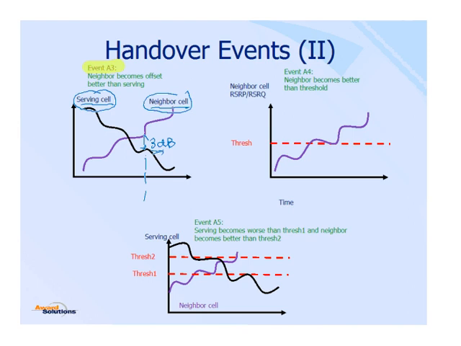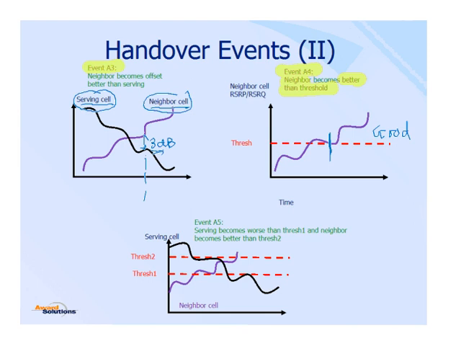So that would be event A3. Event A4 says that a neighbor becomes better than some threshold. So at this point, our neighbor is better than a threshold. So good quality can be expected from the neighbor.